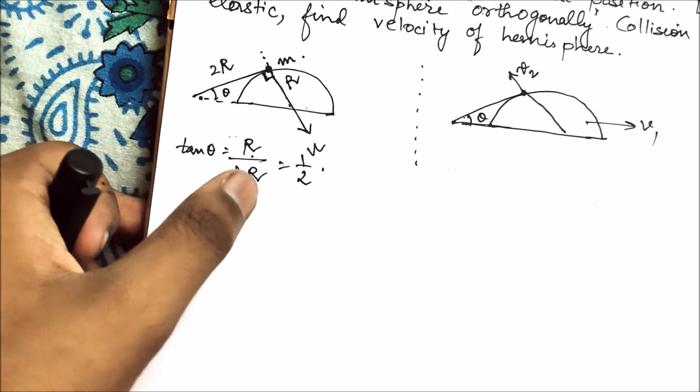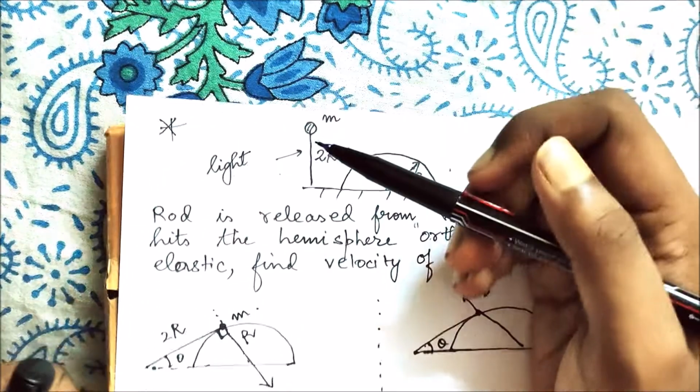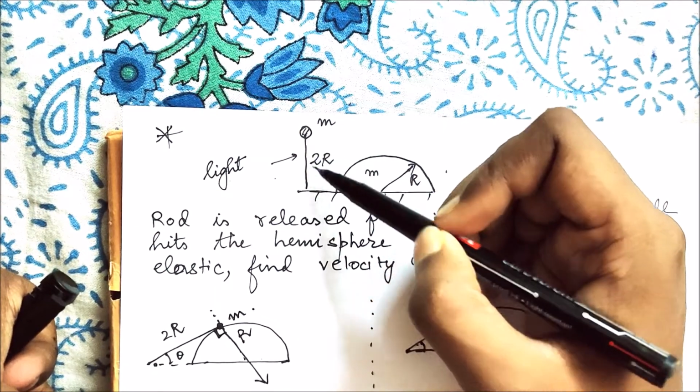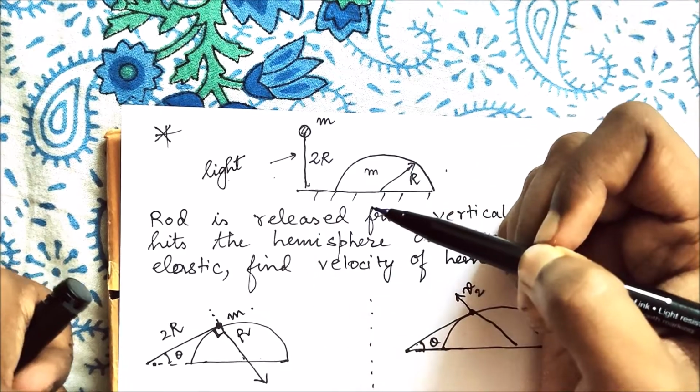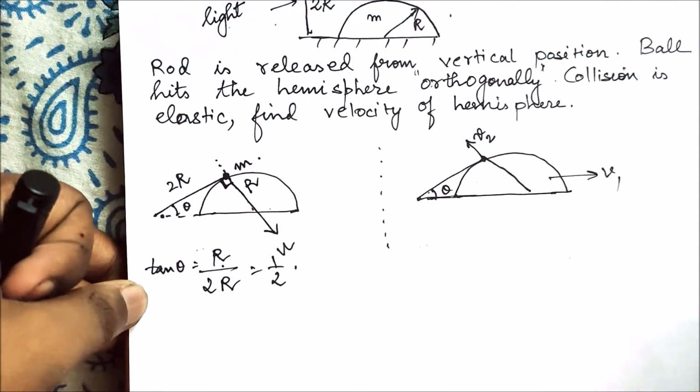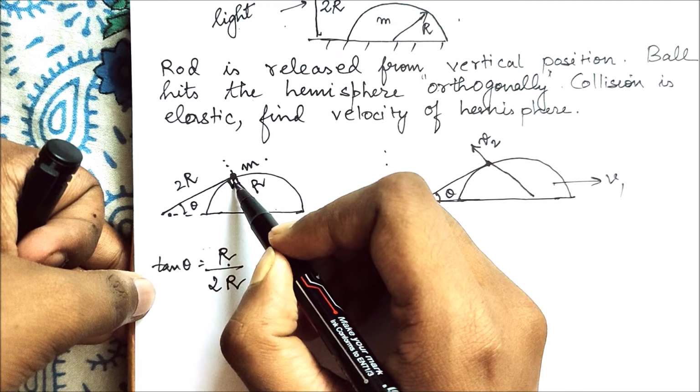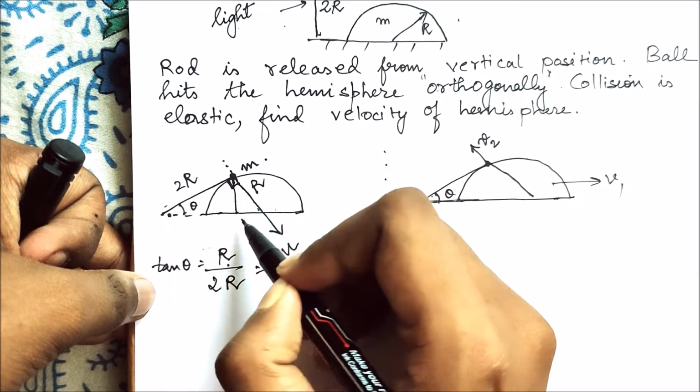This mass was at a distance of 2r from the ground. Now what's the distance from the ground? It is 2r sine theta.